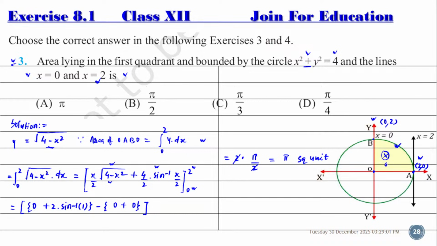So the area of this part is pi square unit, and the correct option of this question will be A. I hope there is no problem understanding the solution of this question.